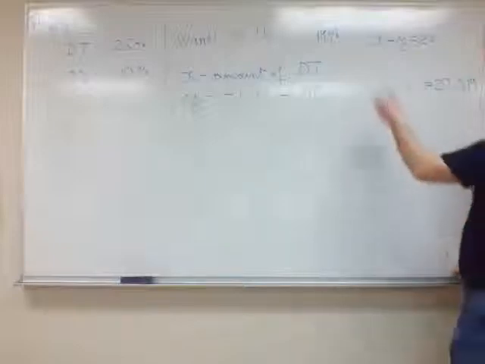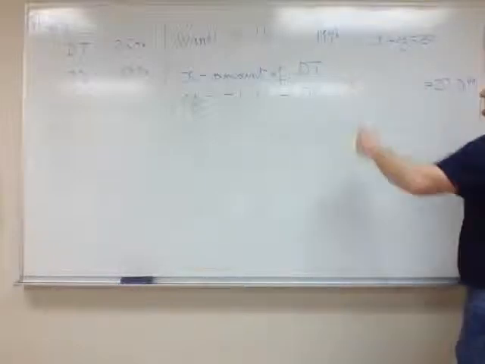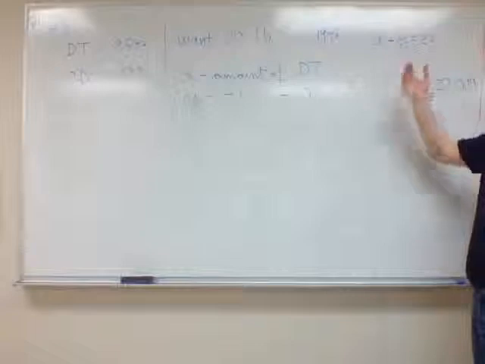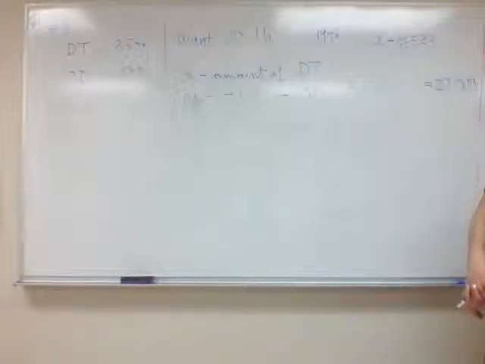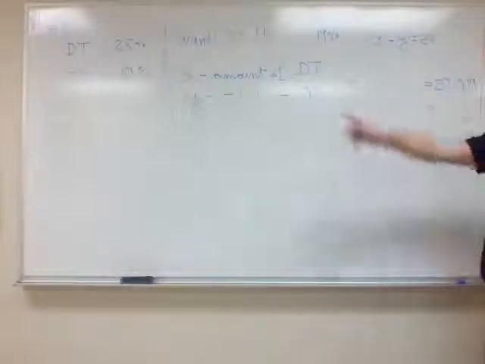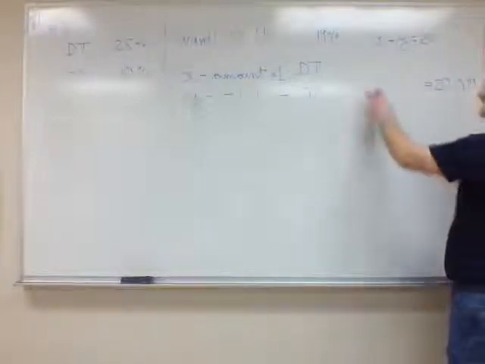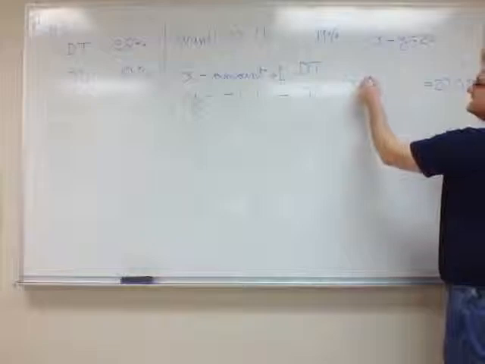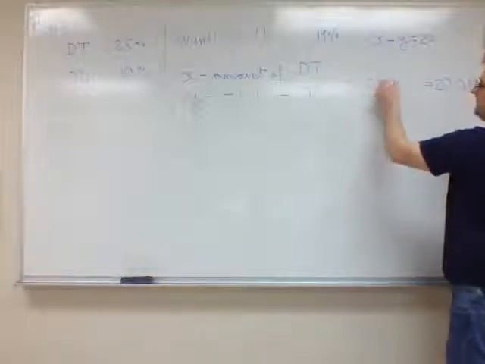Okay, so if you have X pounds of DT granola in this mixture, the contribution of nuts and fruit that comes from DT granola is X times 0.25.